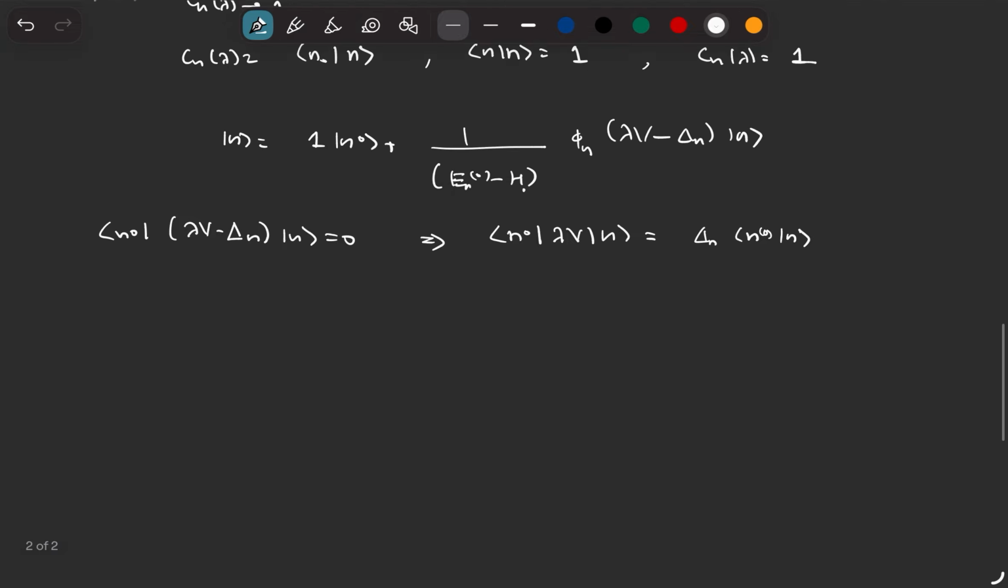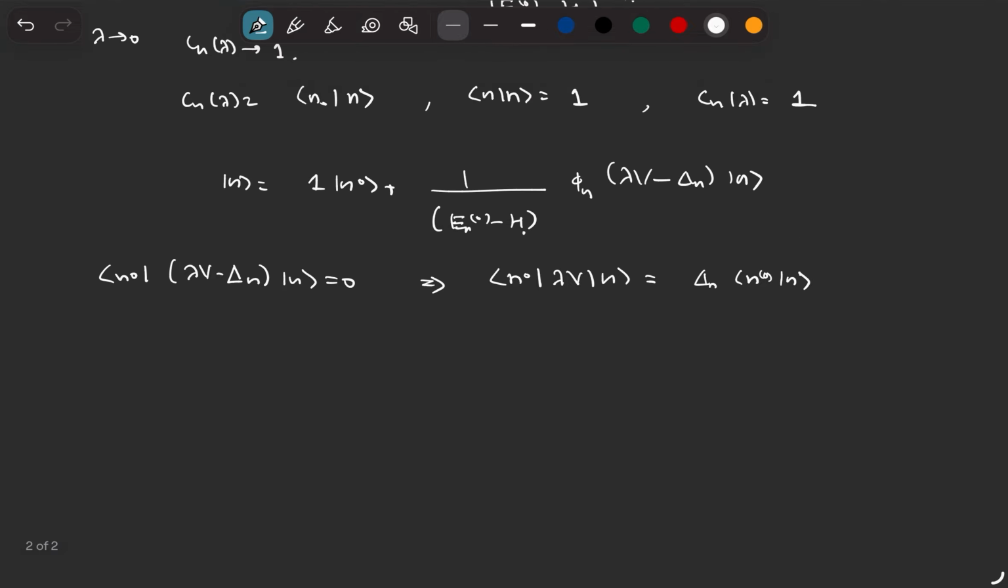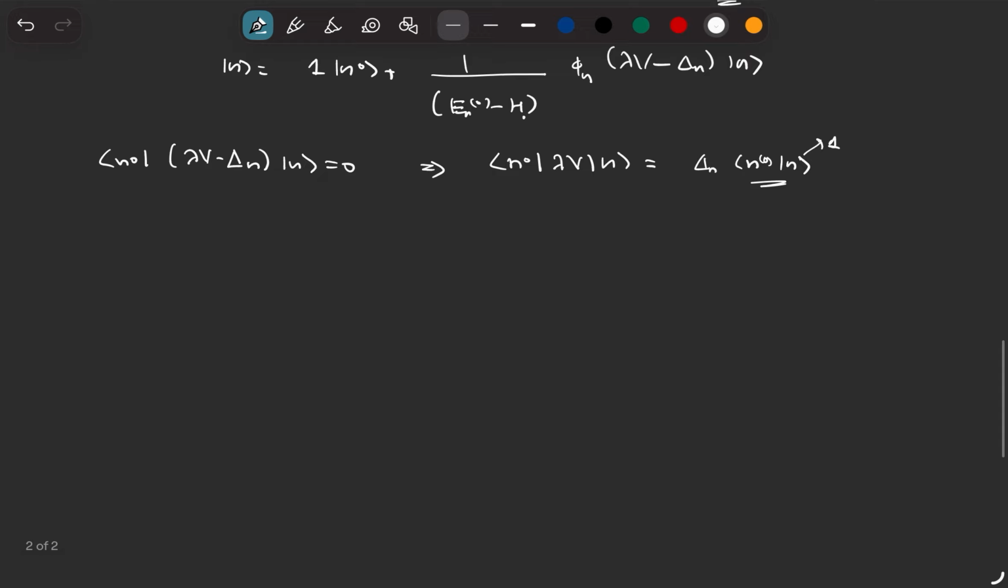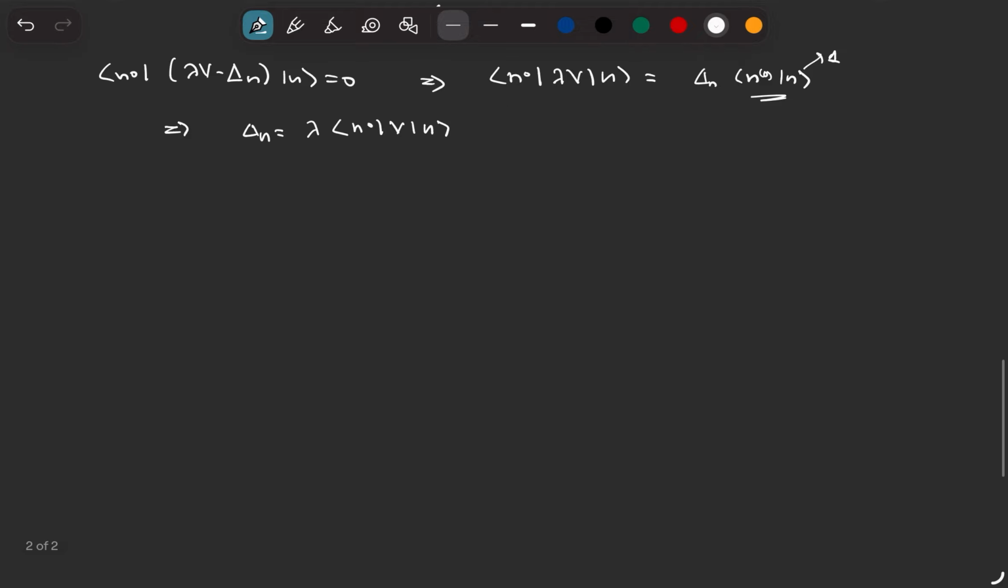And just now we have set Cn of Λ to be 1, so this quantity is 1. So this implies that Δn equals Λ ⟨n0|V|ψn⟩. That's great.